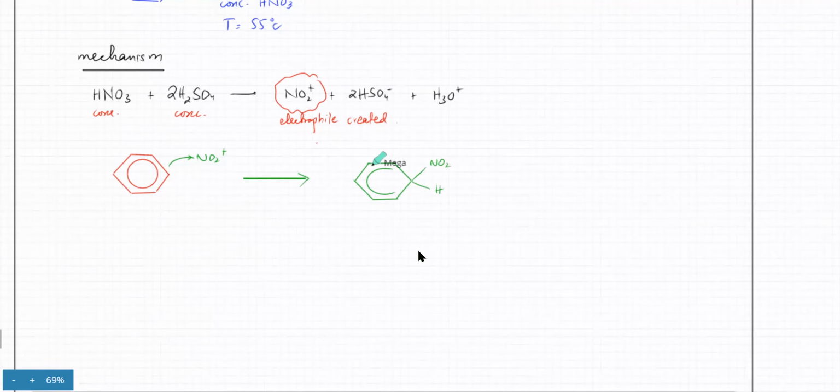but the electron cloud is now with the NO2, and in the next step, there's an HSO4 minus 1 ion. So the benzene needs its electron back, so the electron is given back to the benzene pi electron cloud, and H instead, the positive H goes and it bonds with the HSO4 minus 1 ion that was produced in the first step.